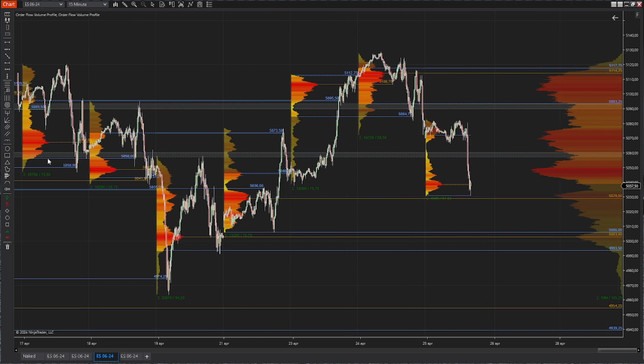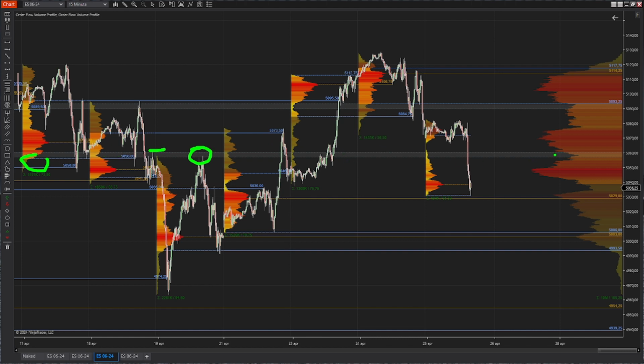Right, we have here a value area low, right here, value area low. We have a high that hasn't been broken. We come back with these highs, and here we range a little bit. So we know that this zone is important.